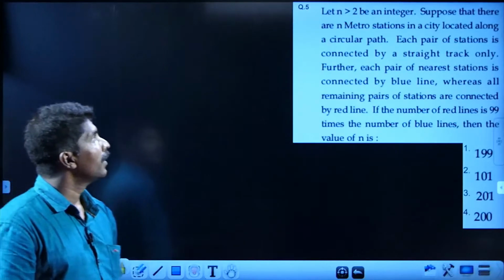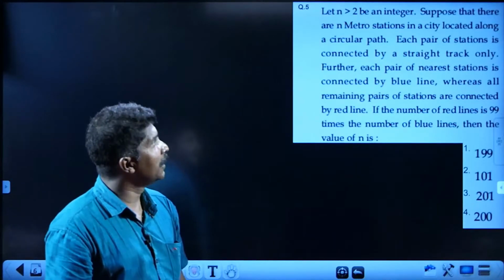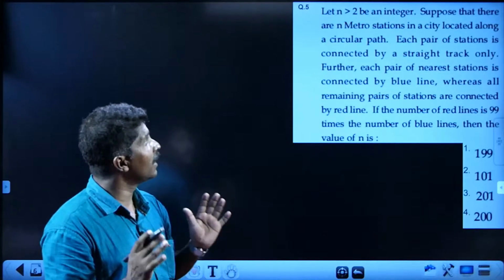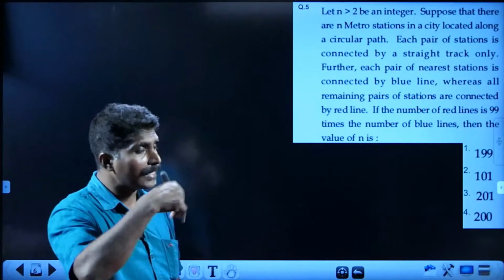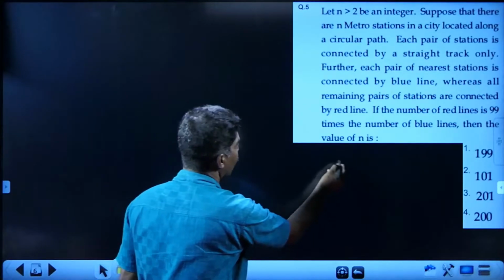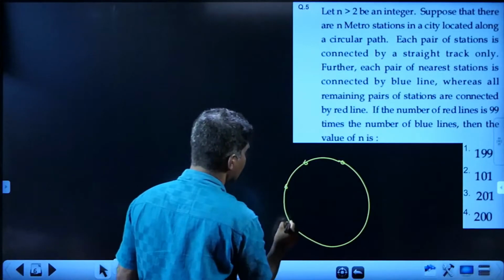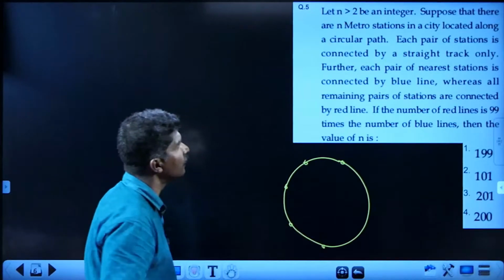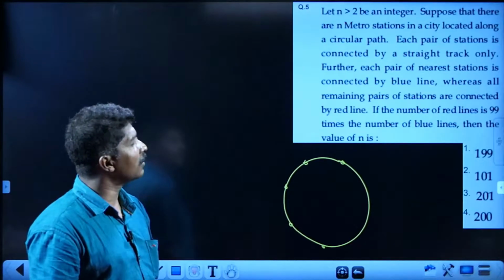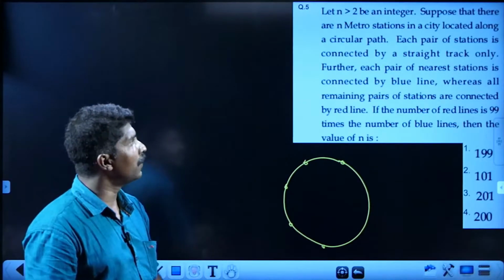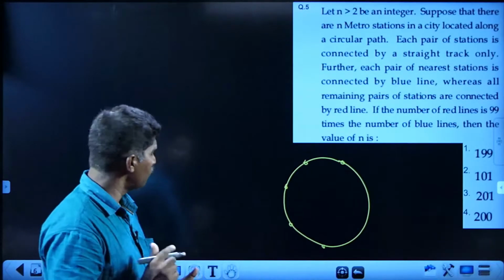Next, if n greater than 2 be an integer, suppose that there are n metro stations in a city located around a circular path. These are metro stations. Okay. And each pair of stations is connected by a straight track only. Further, each pair of nearest stations is connected by blue lines.